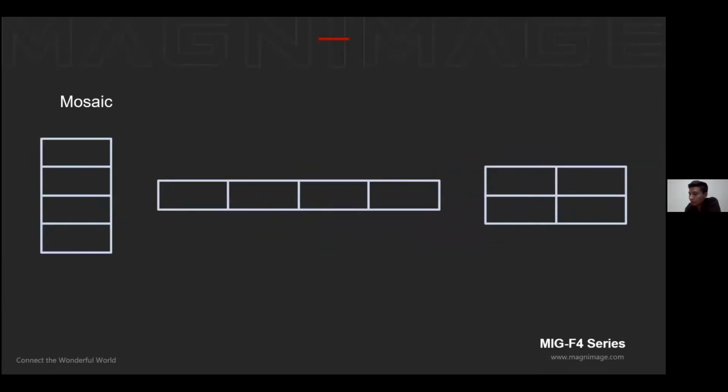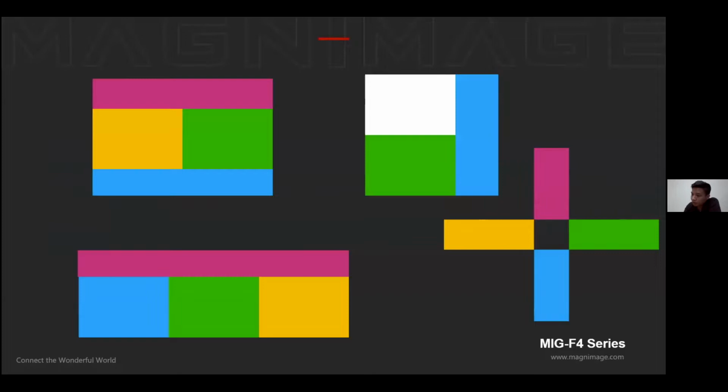Here is the mosaic mode. We have 3 modes: vertical, horizontal, and this one is 2 by 2. So totally 4. For P3.91, this model we can connect 120 square meter at least. And here I want to introduce the arrangement.